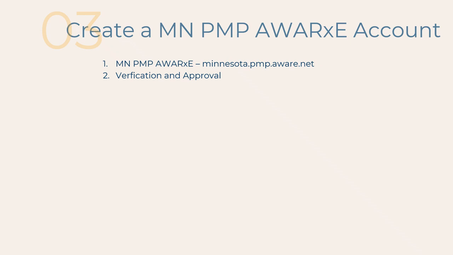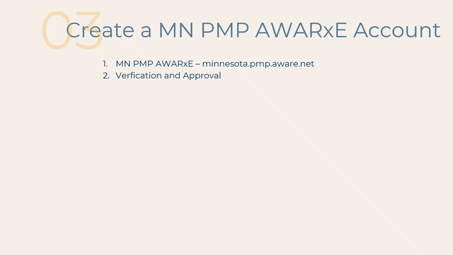Creating a direct access Minnesota PMP Aware account is easy. You can access a link through our website, or you can go directly to minnesota.pmp.aware.net. The process for verification and approval is dependent on which role type is selected during the application process. Once submitted, prescriber and pharmacist role type applications are credentialed electronically.